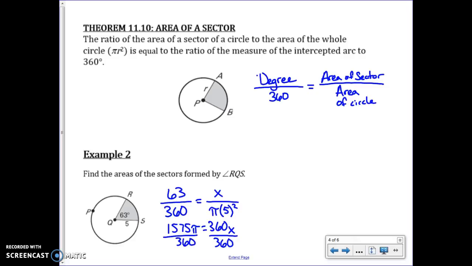So 1575 pi over 360, and when I do that, I get about 13.74. So the area of the sector is about 13.74, and we don't have units, so we'll call it units squared.